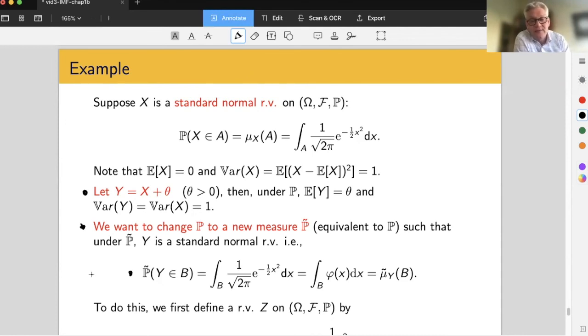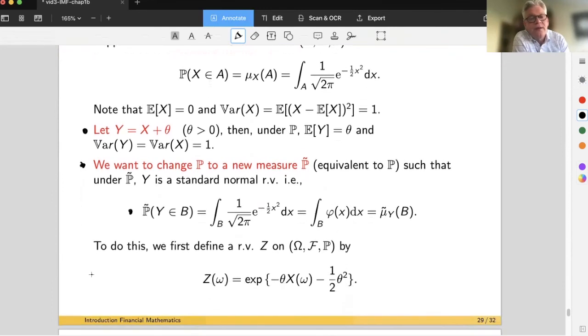To do this, we first define a random variable Z on our space (Omega, F, P), and we do it as follows. We say Z of little omega is e to the power minus theta X(omega) minus 1/2 theta squared. So we choose this Z as e to the power minus theta X minus 1/2 theta squared, and we see what this will bring us.